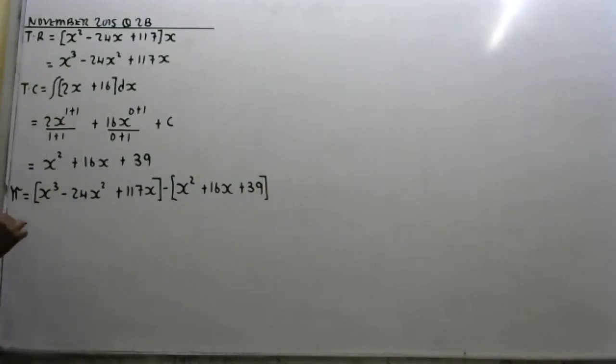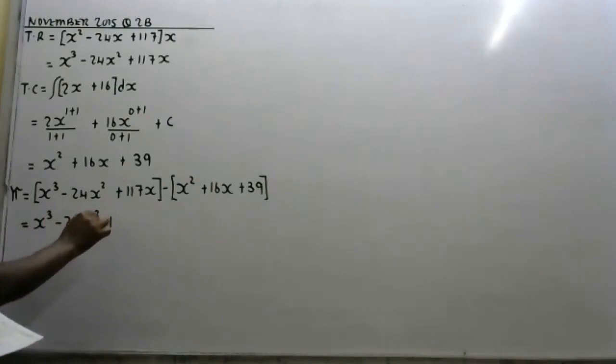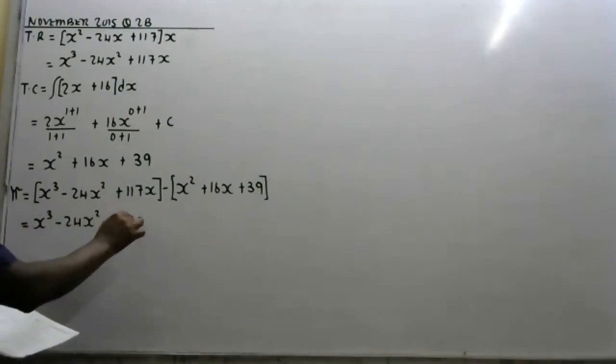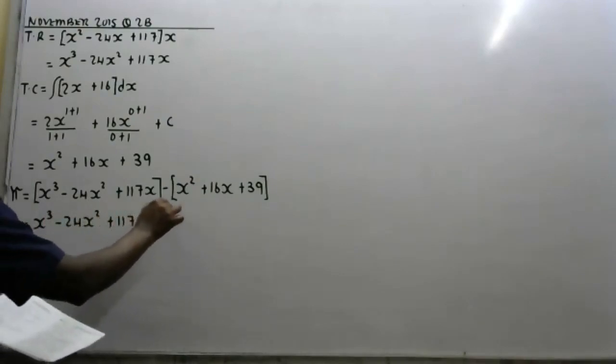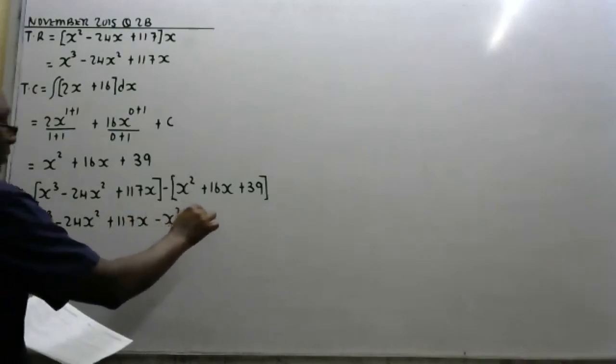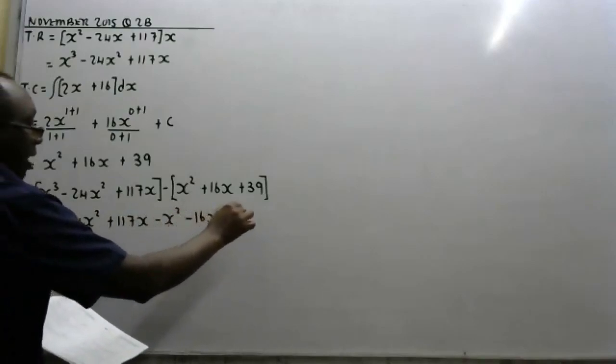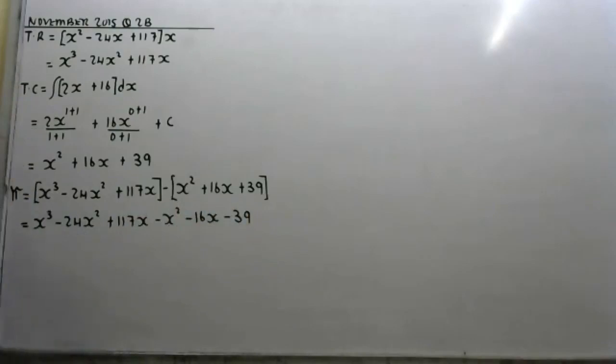Opening the brackets, I get x cubed minus 24x squared plus 117x minus x squared minus 16x minus 39.